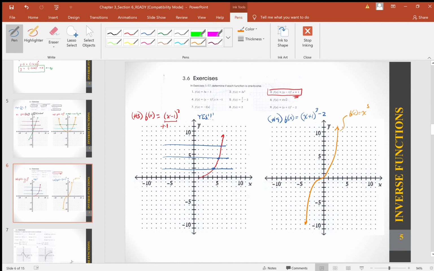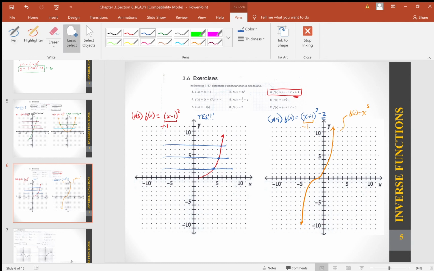So now we have to move this to the left because we look at this first, and you want to ask yourself, what number do I have to put in this parenthesis to make it go to 0? That's going to be a negative 1, right? So I'm going to move this over by 1. Okay, and when you do that, now I'm going to come down vertically by negative 2.